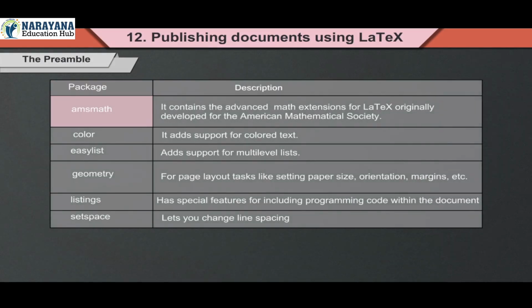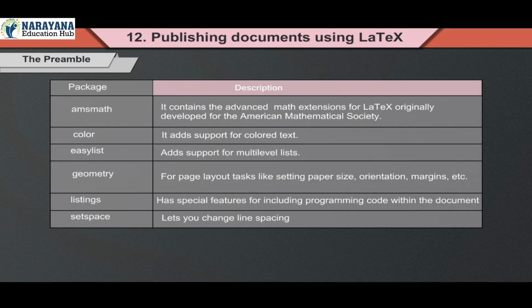Package amsmath. Description: it contains the advanced math extensions for LaTeX originally developed for the American Mathematical Society. Package color. Description: it adds support for colored text. Package easylist. Description: adds support for multi-level lists.